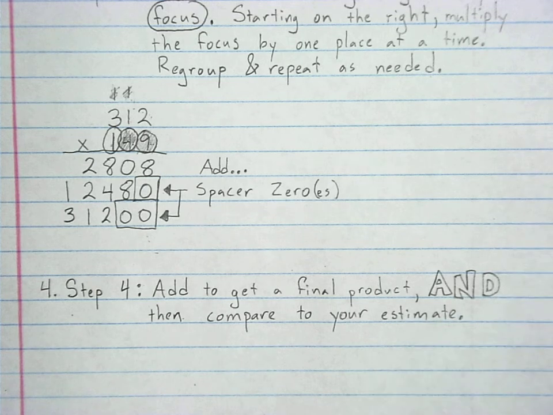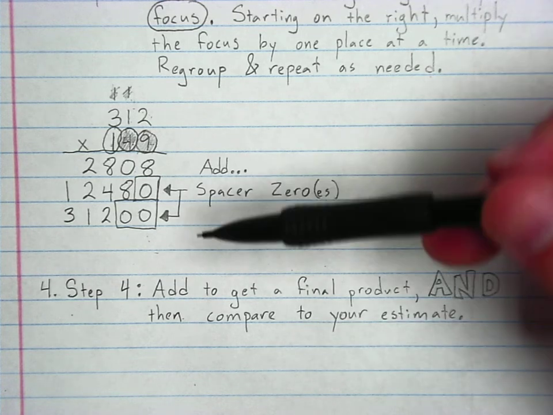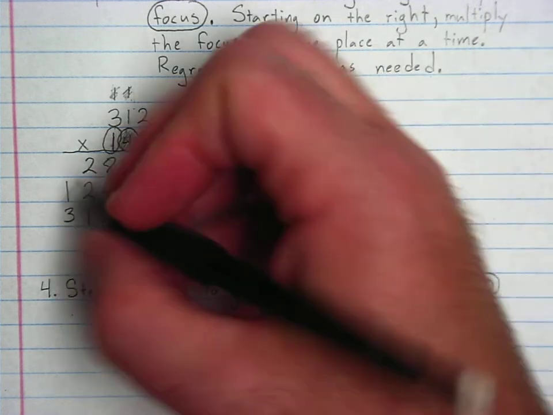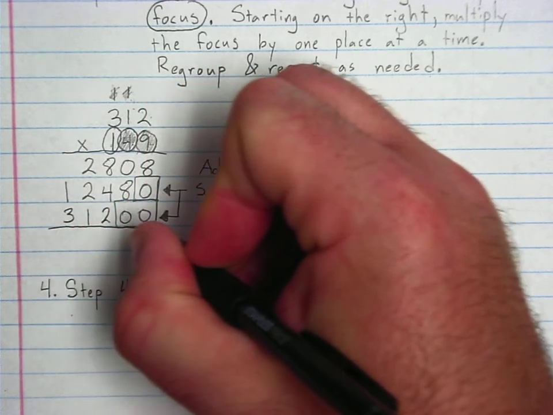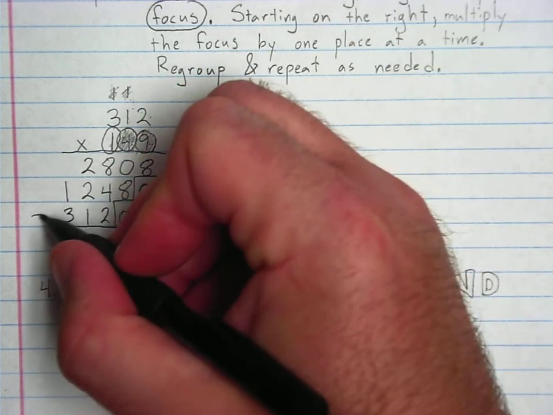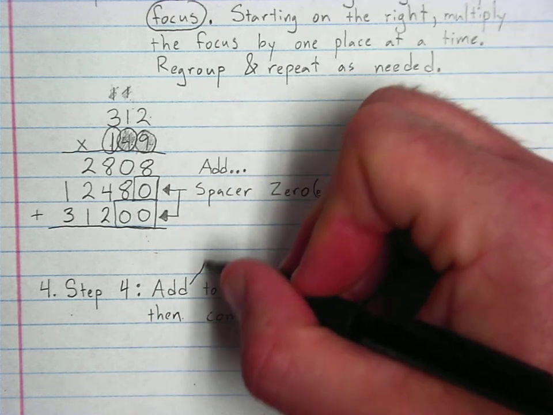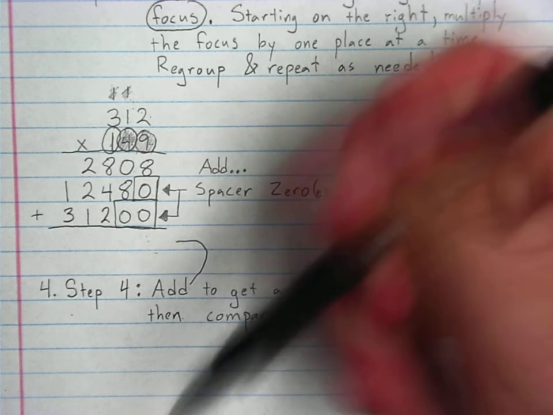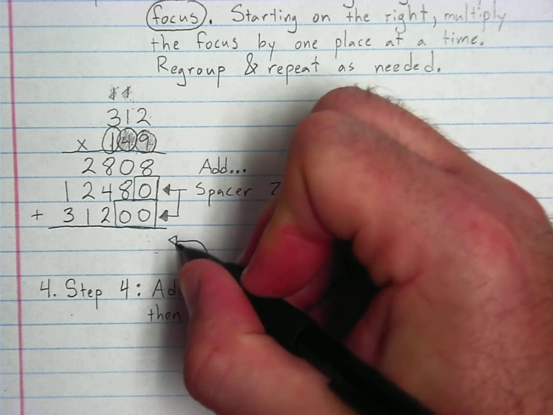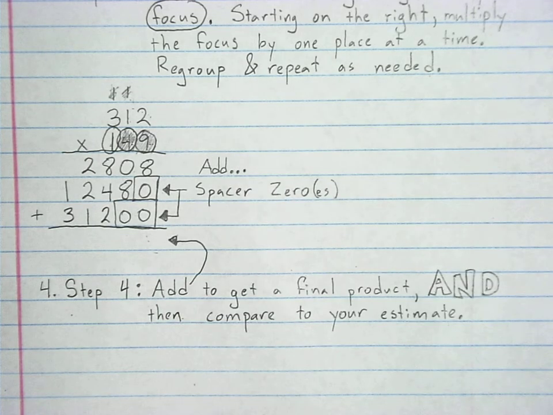Remember, we did that at the very beginning, almost 15 minutes ago, so that we would be able to use it right now. So I'm going to go up here. Don't worry, I'm not going to make you copy the whole thing again. We're out of paper. We are going to add to get an answer right here that hopefully will be close to our estimate.